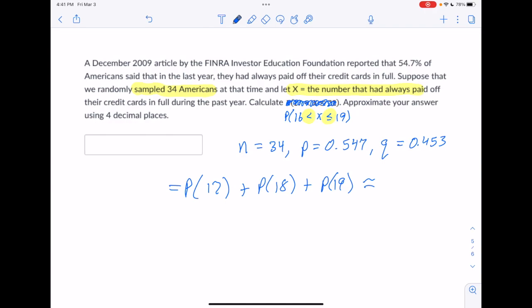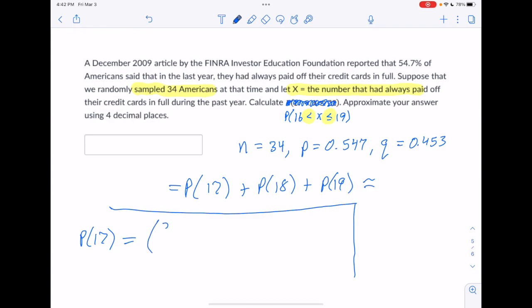So we'll do that work, but how do you get the probability of 17, 18, or 19? Well, this is an NPQ problem, so to get the probability of 17, you need to do N choose X, which is, in this case, 34 choose 17, times P, which is the 0.547, raised to the number of successes, 17, and then Q, 0.453, raised to the leftovers.